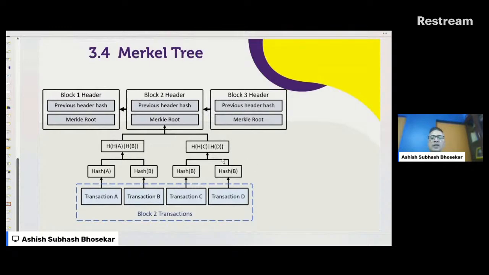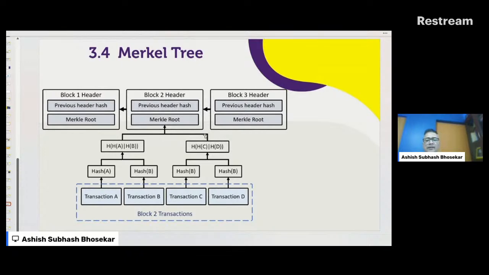So that's how it works. The transaction hashes are created, and those hashes get merged, and then those are linked to the previous block and the next block. So this is the complete Merkle tree structure.